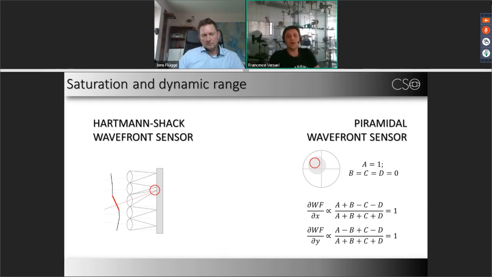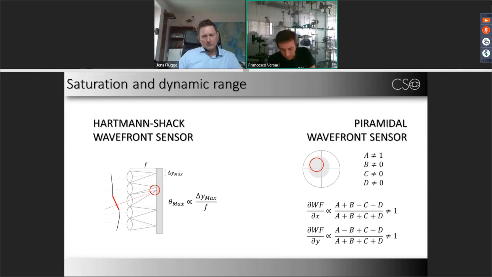So how can we correct this and how can we avoid this? For the pyramidal wavefront sensor, it's pretty easy. We simply have to choose a retinal spot size big enough to cover, for every slope, the four faces of the pyramid.